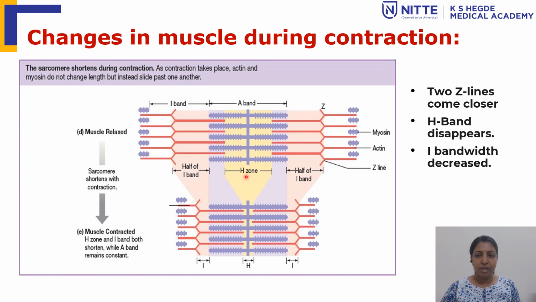The H band in the middle disappears, and the I band is also decreased. So when the muscle contracts, there is sarcomere shortening. The sarcomere segments are repeated throughout the myofibrils, and that causes the muscle to contract.